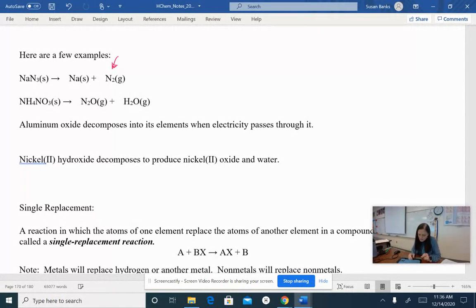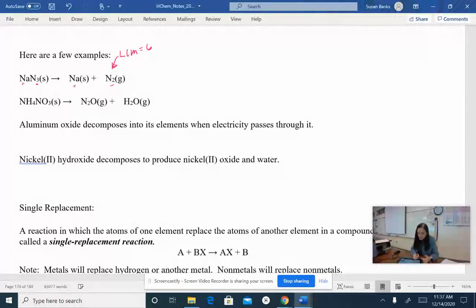So we have to balance this. I've got one sodium and one sodium, I'm okay. Nitrogen, I've got 3 of them, and over here I've got 2. Ooh, 3s and 2s. What do 3s and 2s both go into? That's right, I have to look at my least common multiple again. What is my least common multiple between 3s and 2s? Hopefully you said 6.